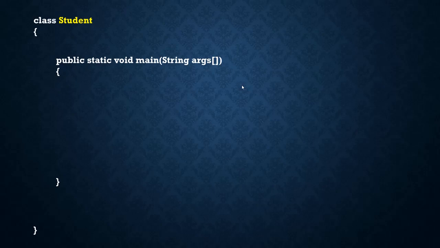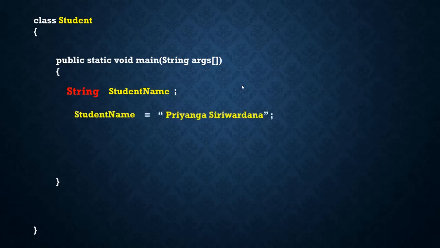Now let's look at this one. I have a simple Java program and I simply create a variable and then I'm assigning a value to the variable and I just write system.out.println student name. When I start the compilation, it will start from the main method and complete the bytecode.